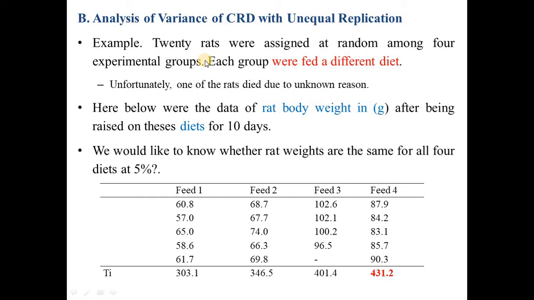Unequal replication ANOVA is used when some data or observations are missing from our experiment, perhaps from the laboratory or from the greenhouse trials. In such a case, we use ANOVA of CRD with unequal replications.